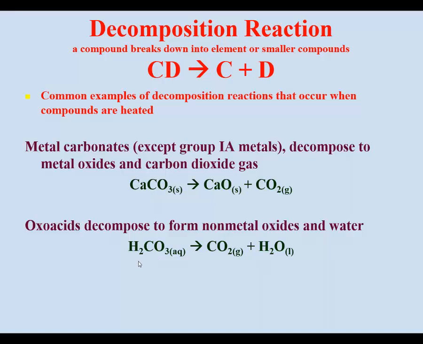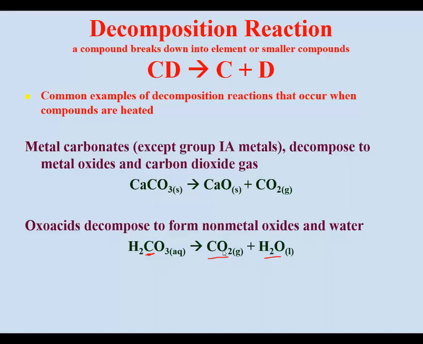And so my carbonic acid can decompose, and we can end up with the non-metal that was part of the oxo acid being released as a non-metal oxide. So in this case, the carbonate that we can think of at the end of the carbonic acid formula can form carbon dioxide, the non-metal with oxygen, and then I can release water. So this could happen in other cases as well.